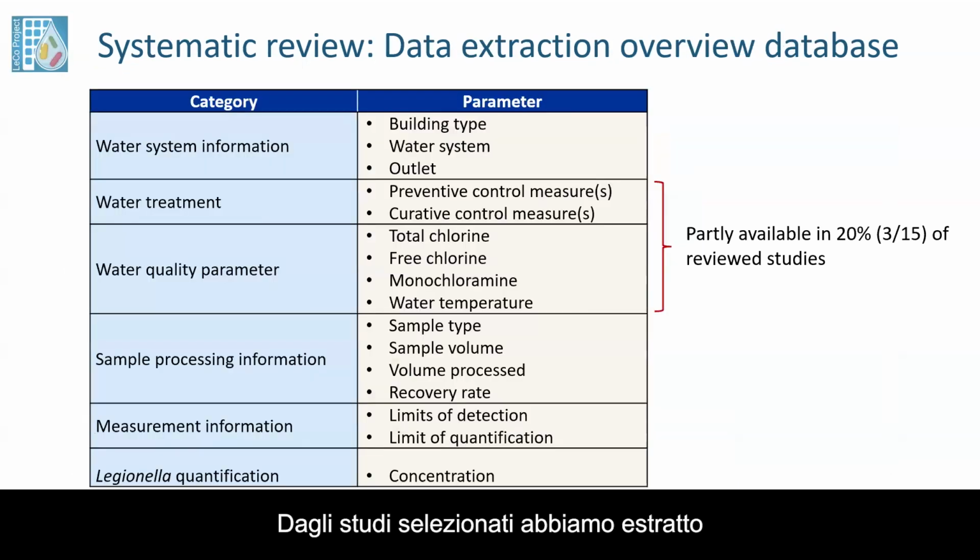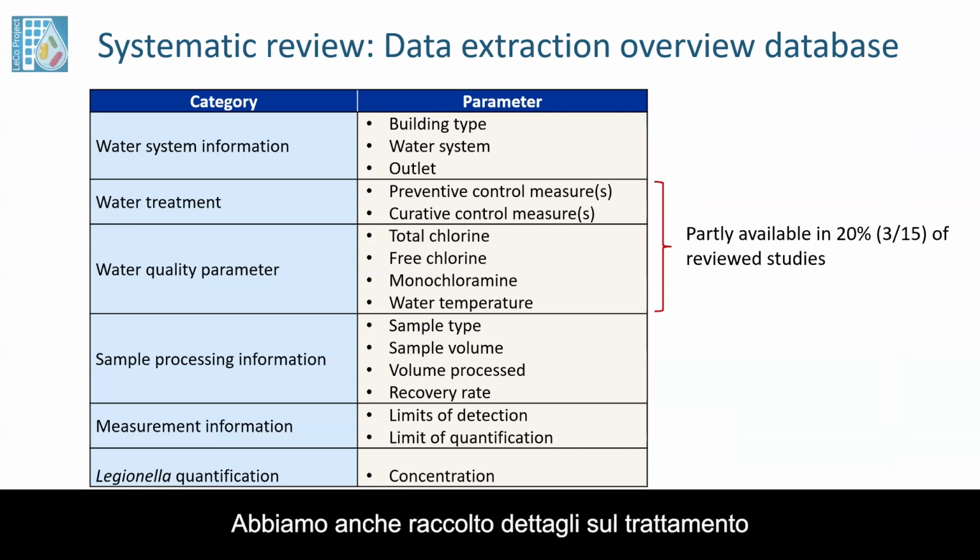From the selected studies, we extracted a set of key parameters needed to characterize the water systems, treatment condition, and measurement methods. These include information on the water system type, preventive or curative control measures, and water quality indicators such as chlorine level and temperature.